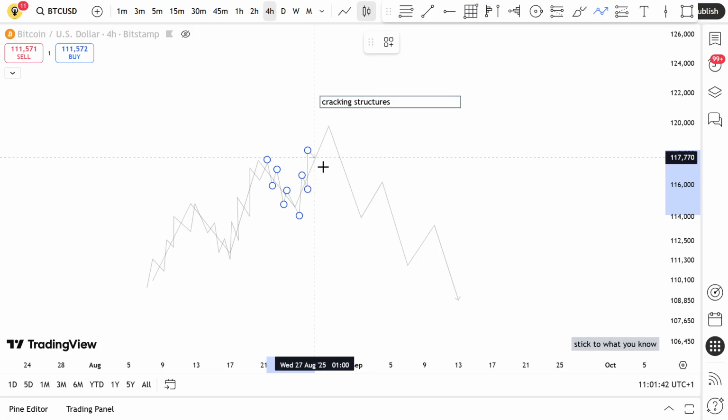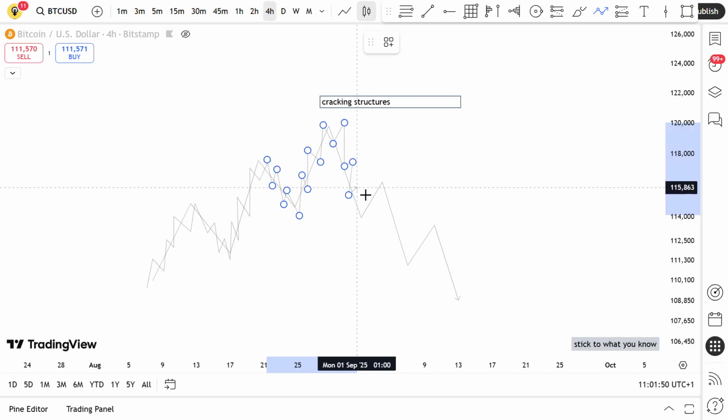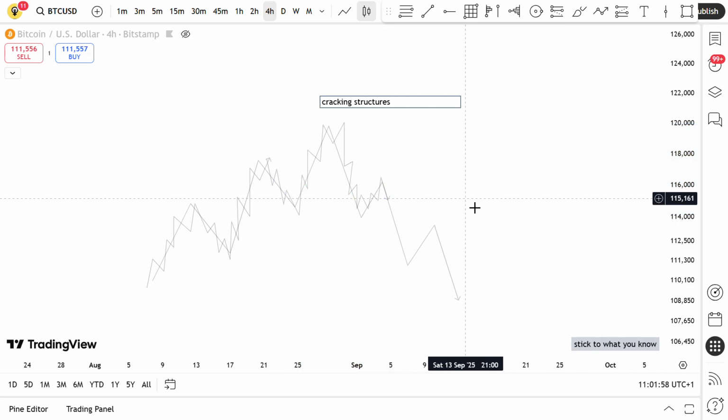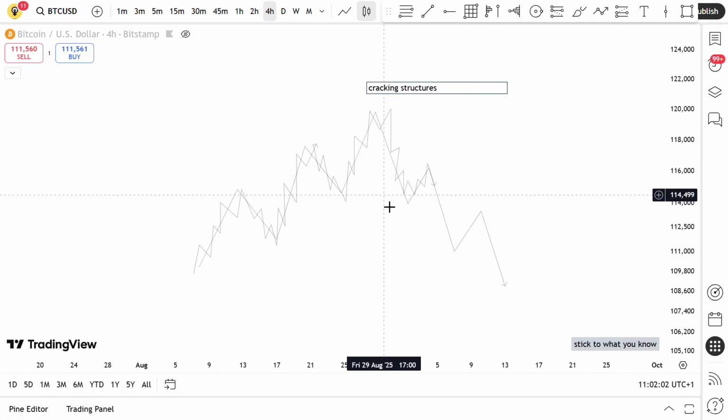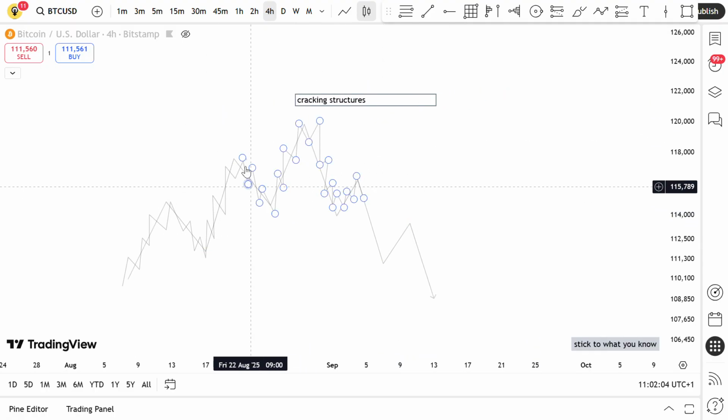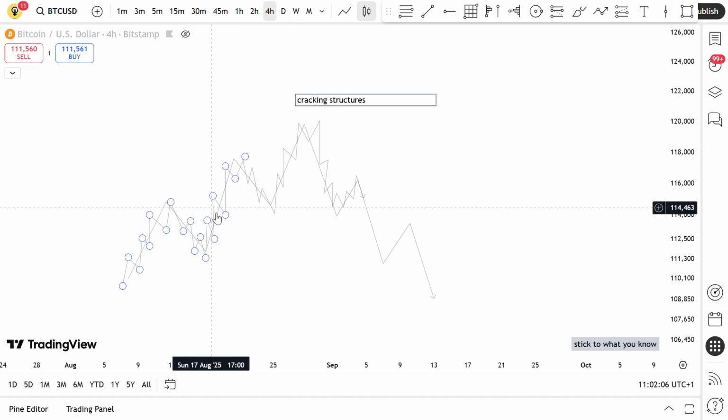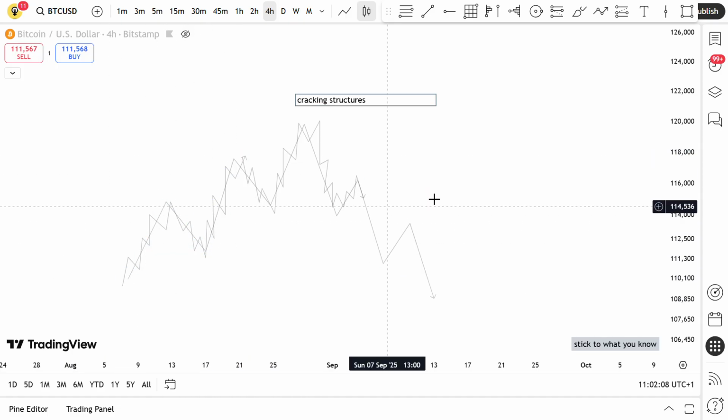Breaks. Could do this to go lower. Could do this to go lower. And this is what structure is.